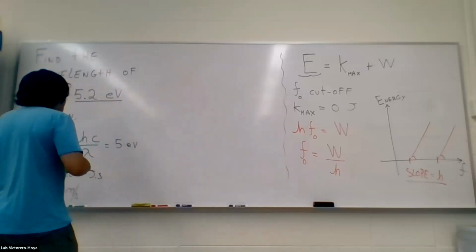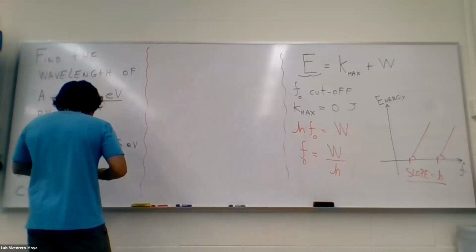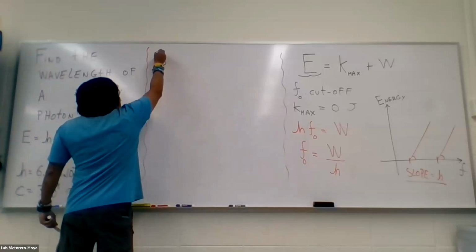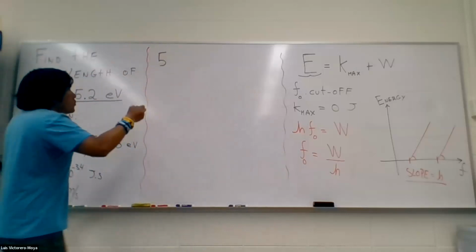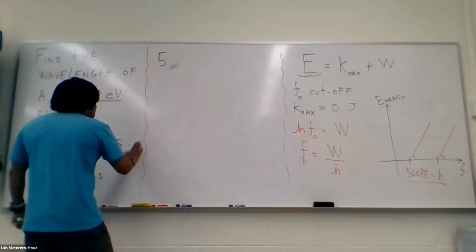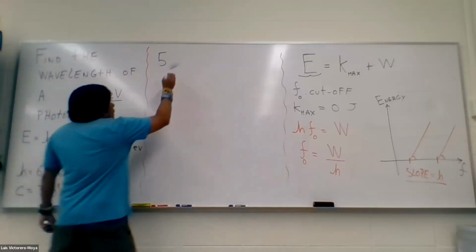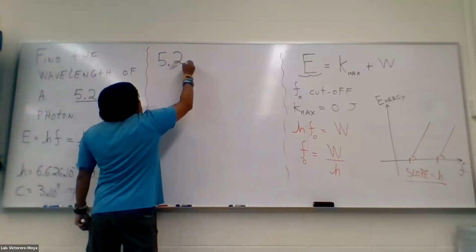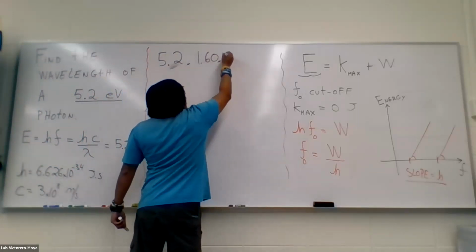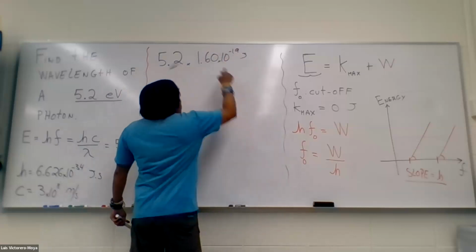So here you have 5.2 electron volts. To change electron volts to joules, you just multiply 5.2 times 1.60 times 10 to the negative 19 joules.